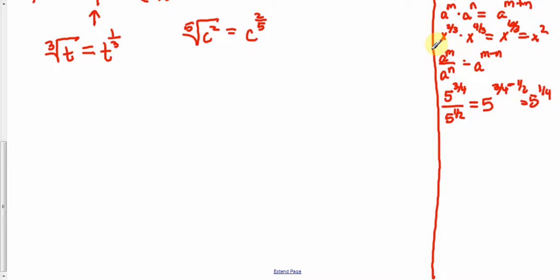Your power rule says if you have a to the m all raised to another power of n, you simply multiply the exponents, a to the m times n.